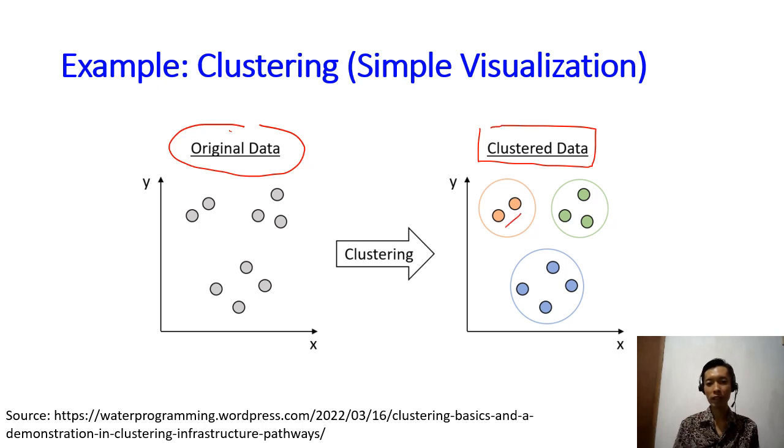So we think these two are similar, these three should belong to one group, and these four belong to another group. Okay, so this is an example of clustering. Here I'm not saying that this is the best clustering, whether it is good or bad. I'm just saying that this is an example of a clustering result. So we group the data that we think are similar.